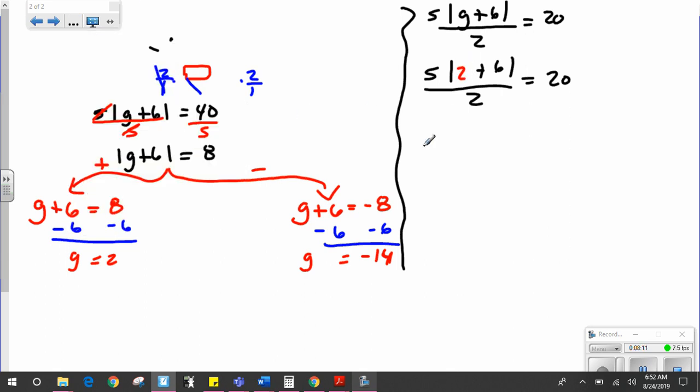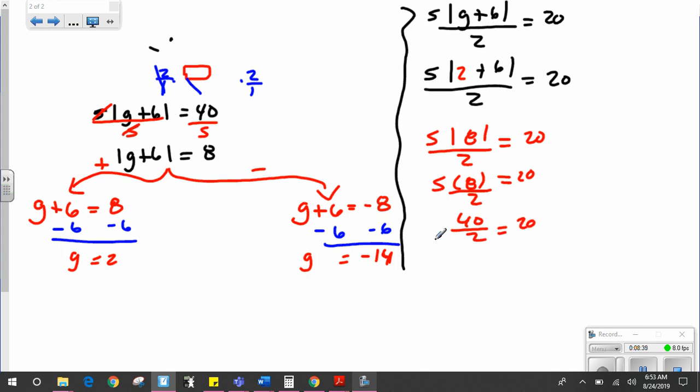So with 2, I would have 2 plus 6, which is 8. The absolute value of 8 is 8. So now it's 5 times 8, which is 40.